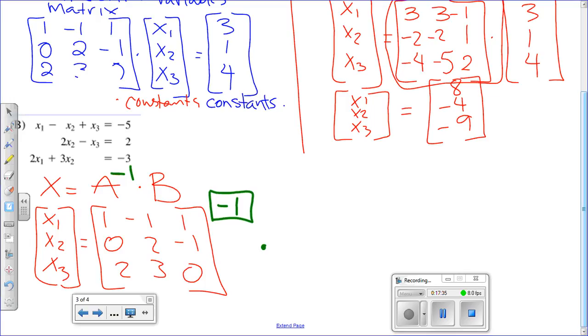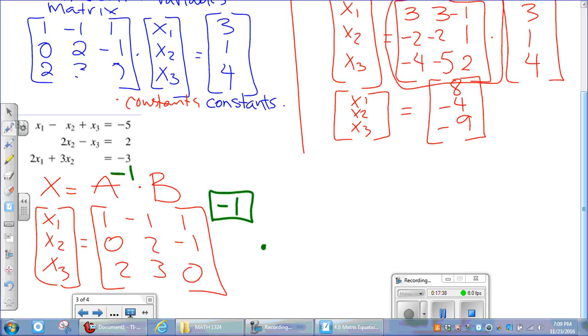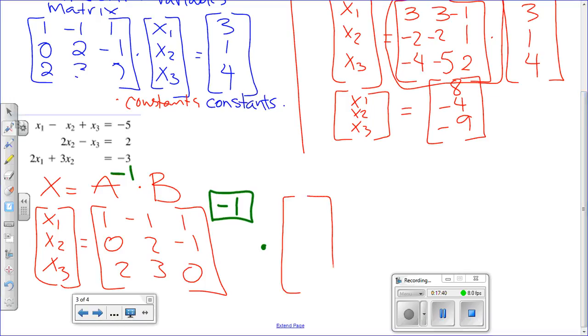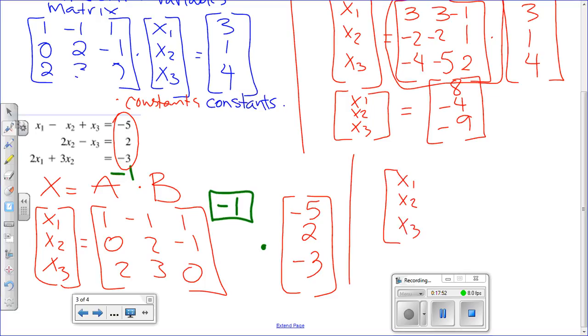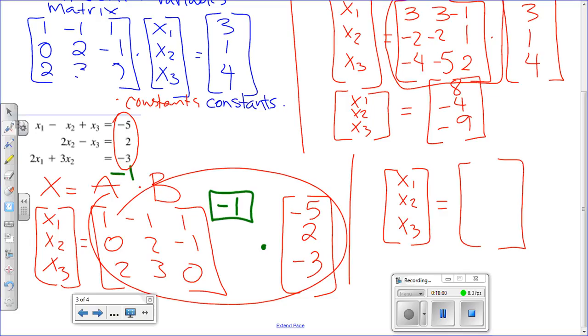And then you multiply by the constants, which are here, negative 5, 2, and negative 3. And so what we will get is that x sub 1, x sub 2, x sub 3 will be equal to, after multiplying this on the calculator, negative 6, 3, and 4. Okay, so we're done with that slide.